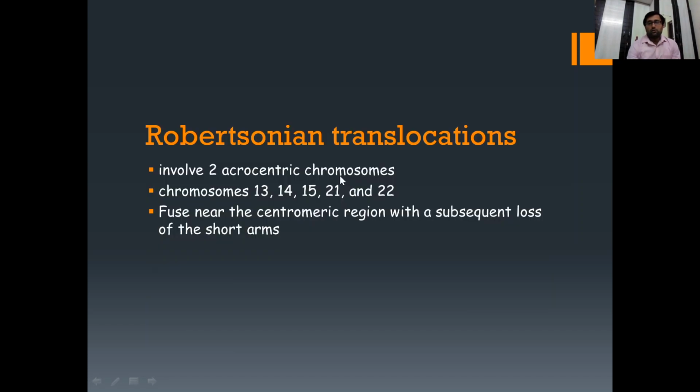But in Robertsonian translocation, a few things to grasp are that it involves two acrocentric chromosomes. Chromosomes 13, 14, 15, 21 and 22 are acrocentric chromosomes. In this, they fuse near the centromeric region with a subsequent loss of the short arm.